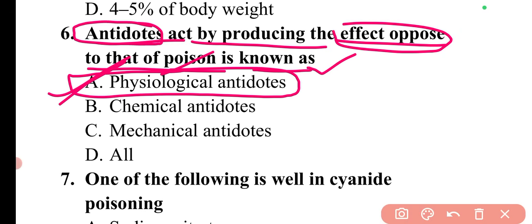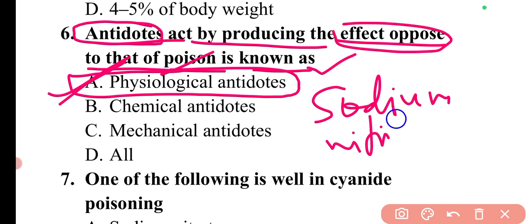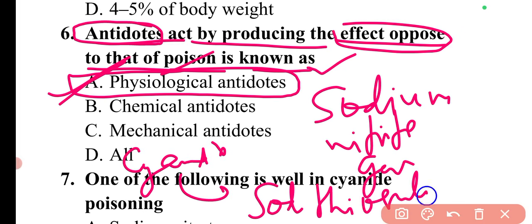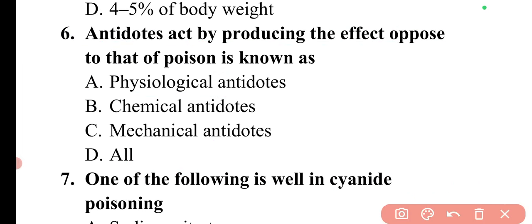The example in physiological is sodium nitrite, which is used in cyanide poisoning. If I simply talk about cyanide poisoning, sodium nitrite is used. Apart from sodium nitrite, sodium thiosulfate is also used.